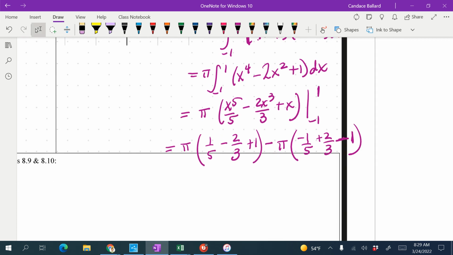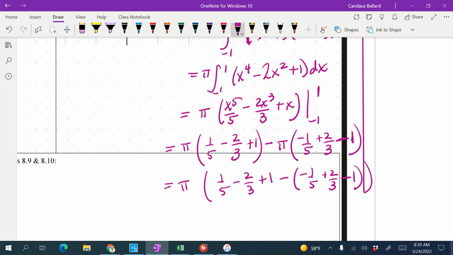Let's see. There's no great way to do this. Actually, this is what I'm going to do. I'm going to take my pi out front and factor that out. So I've got 1/5 minus 2/3 plus 1 minus parentheses negative 1/5 plus 2/3 minus 1.